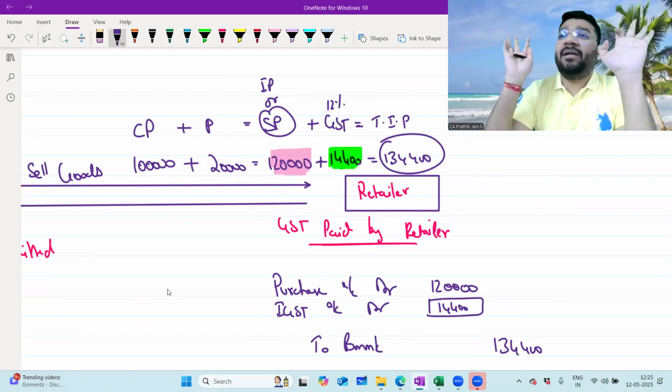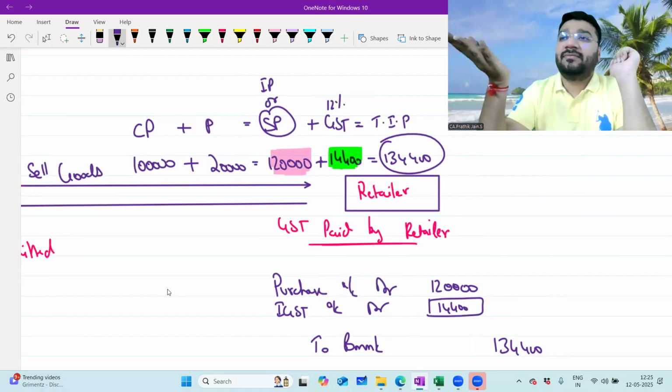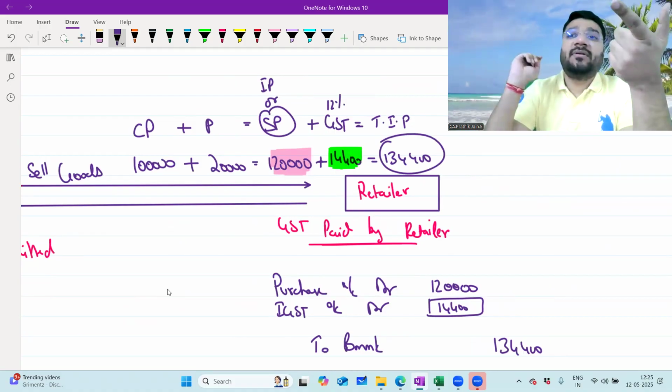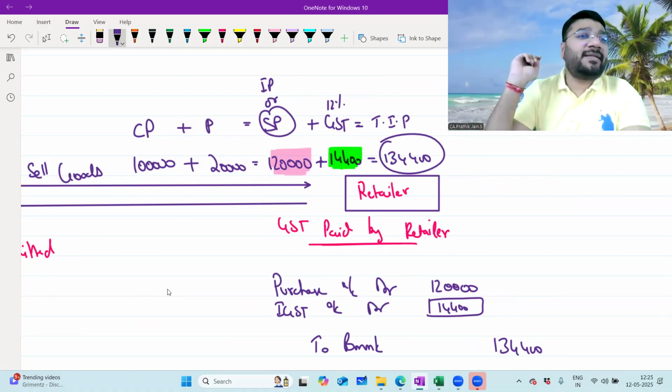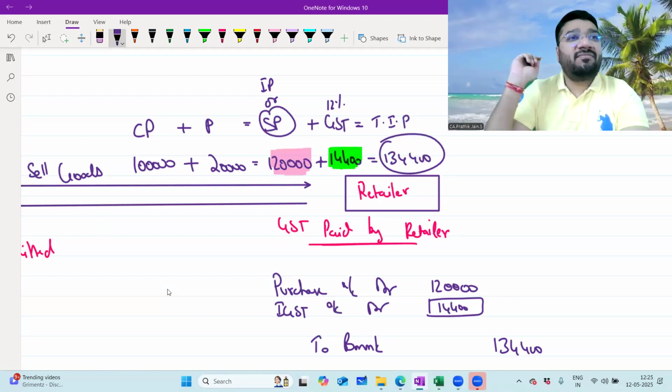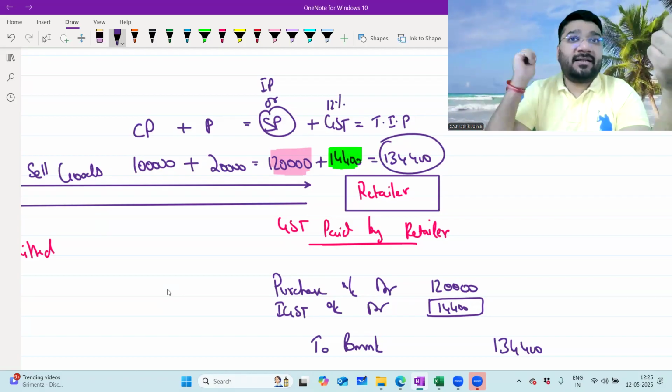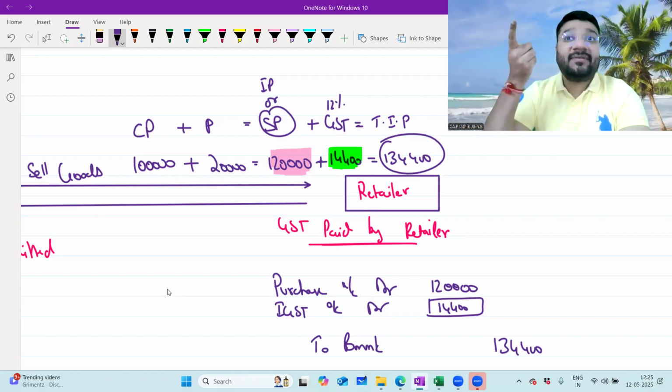Asset, liability, capital, revenue, expense, loss. Why asset? Super, super, fantastic.